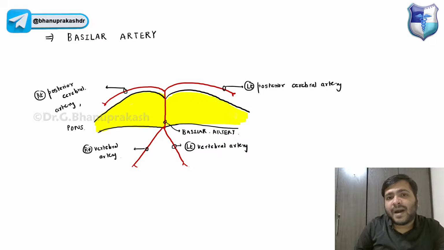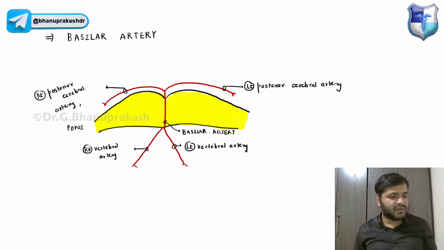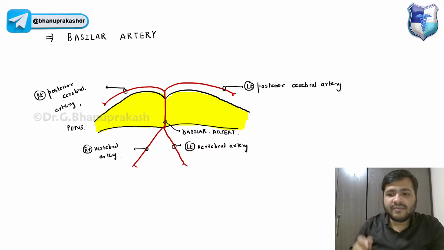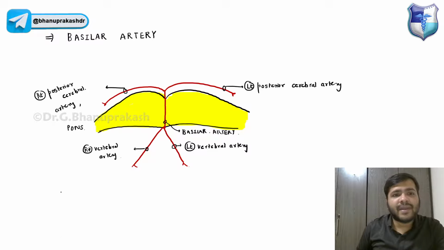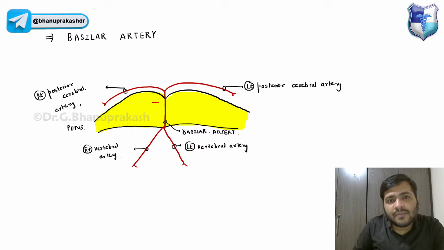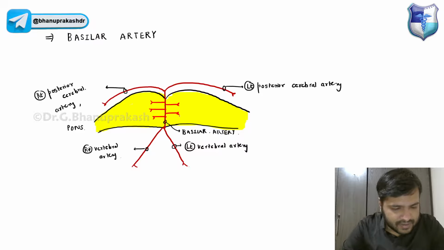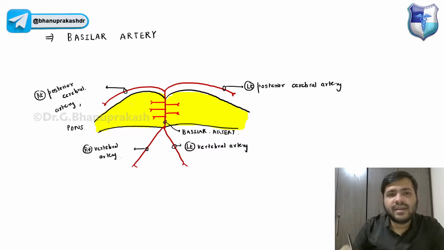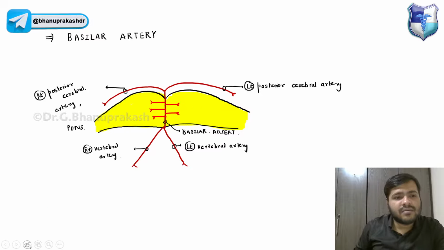While passing in the basilar sulcus in front of the pons, it is giving some branches which supply the pons itself. These are called the pontine branches, guys.